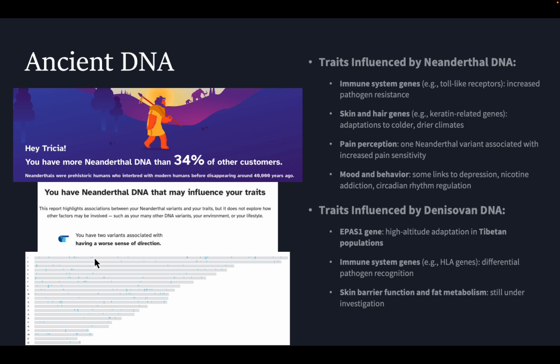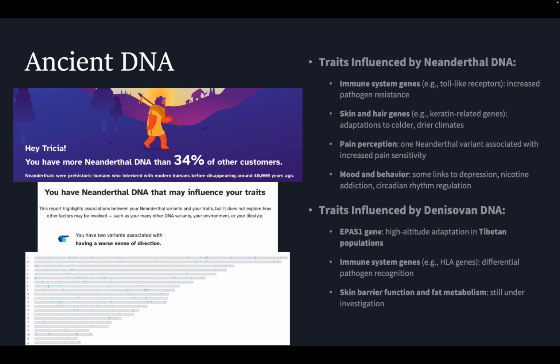What traits seem to be influenced by having the Denisovan DNA in the background? Well, we see one specific gene that provides high altitude adaptation, so better processing in that thin atmosphere, so more hemoglobin to help transfer oxygen better. We see also changes in immune system genes that allow differential pathogen recognition.